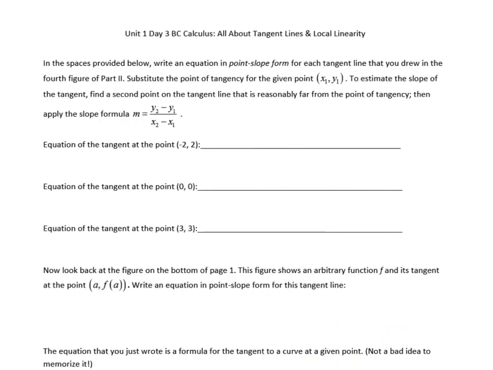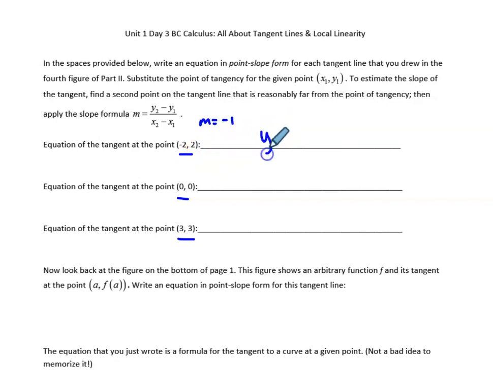So let's practice writing tangent line equations. We're going to look at the fourth figure on the prior page, which was the absolute value function. We want to write equations of the tangent lines at the point negative 2, 2, at the point 0, 0, and at the point 3, 3. At the point negative 2, 2, we knew that the slope was negative 1 because we were using the left branch of the absolute value function.